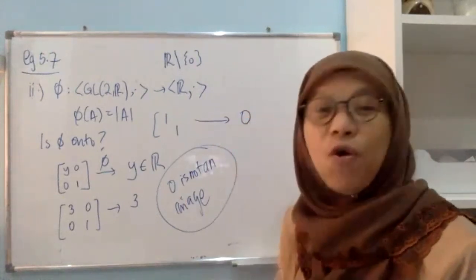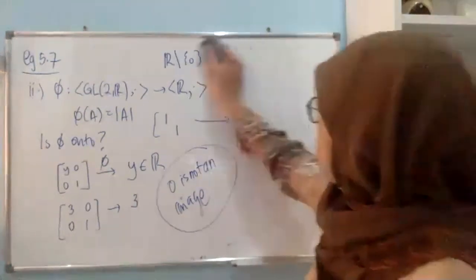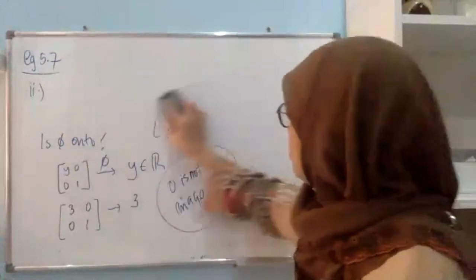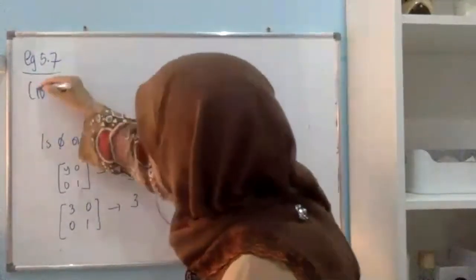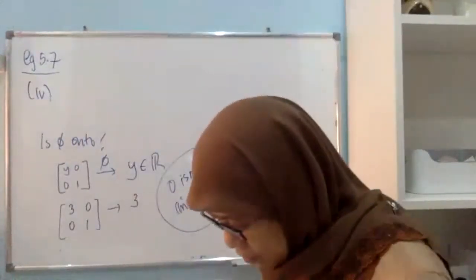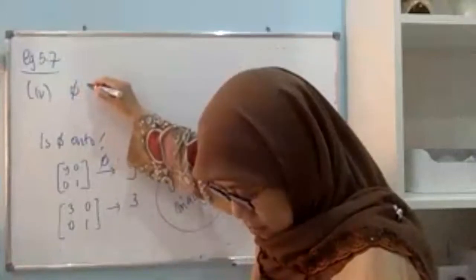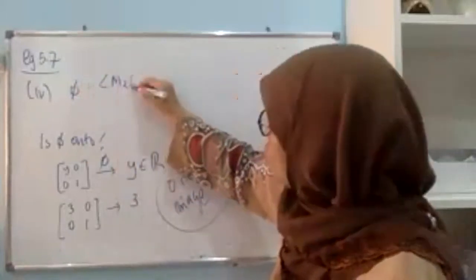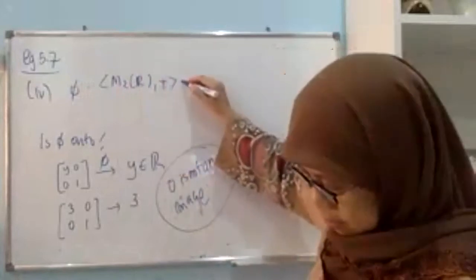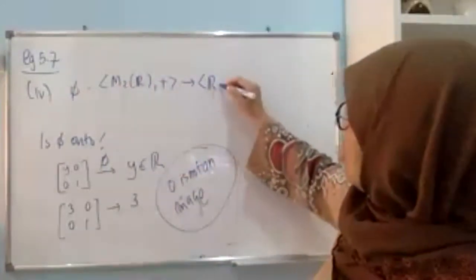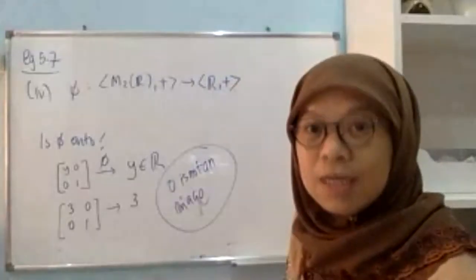Now number 4 is very close to this one. Number 4 is 2 by 2 matrices with real number entries, 2 by 2 matrices under addition.